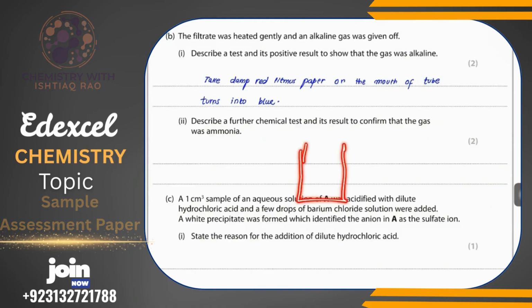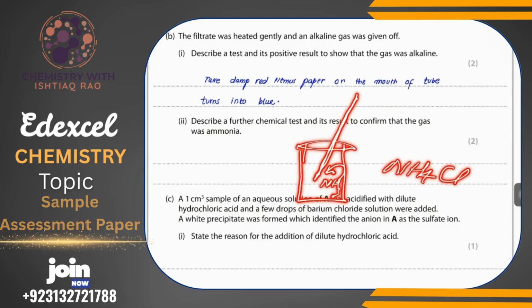Once the rod is in contact with ammonia, the particles of ammonia collide with the particles of hydrochloric acid on the glass rod. There is a formation of NH4Cl, so we would see the formation of a white solid. It further confirms that ammonia is there. It's a further confirmatory test.